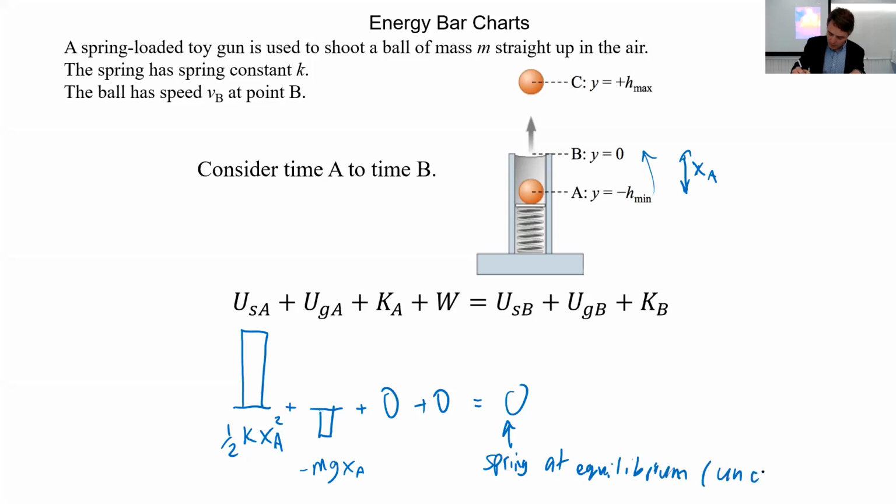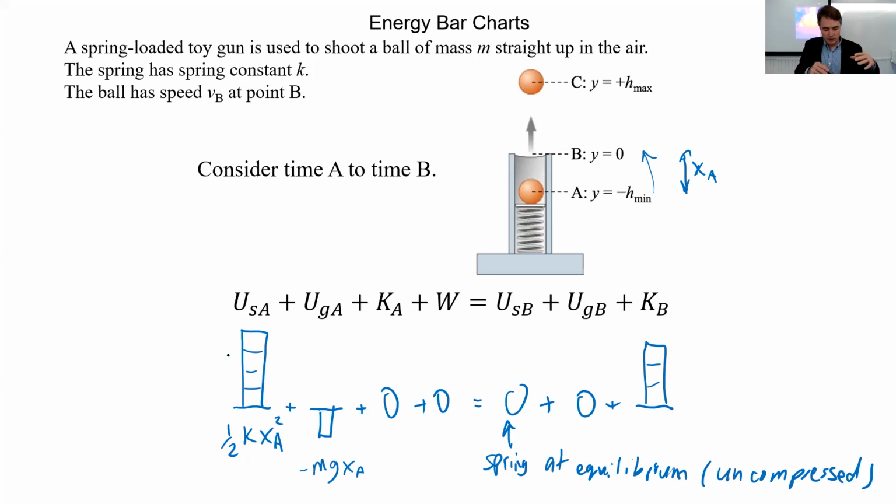It's uncompressed, plus this is 0. And then you've got this. So if this is like 1, 2, 3, 4, and this is 1, then this will just be 1, 2, 3. So the potential energy has increased from negative up to 0.